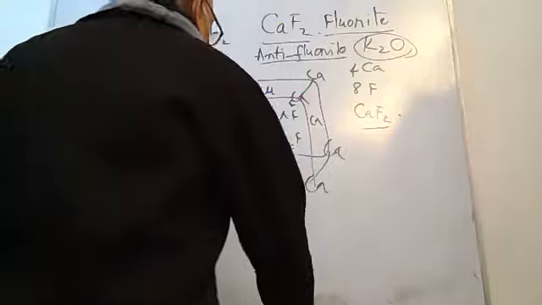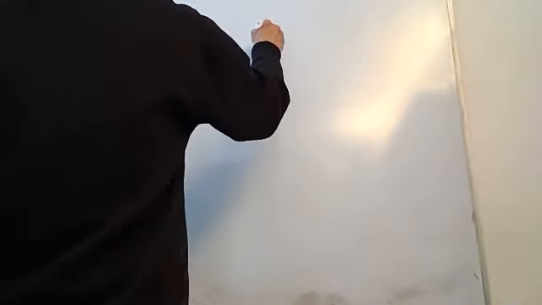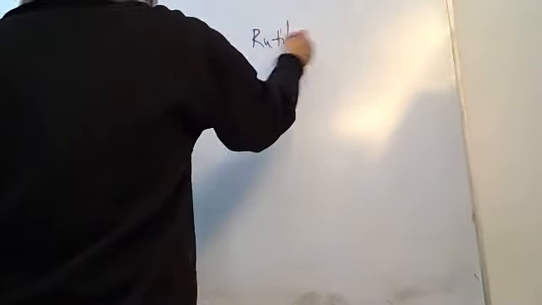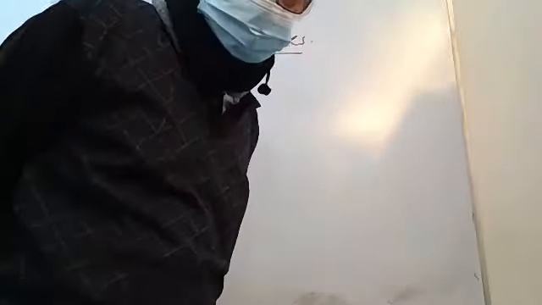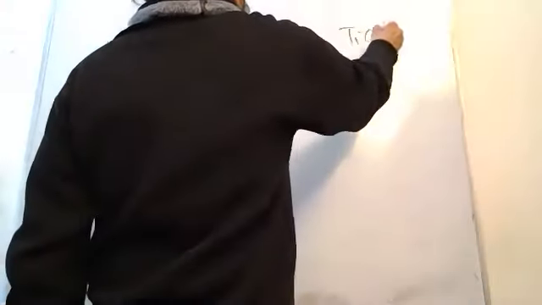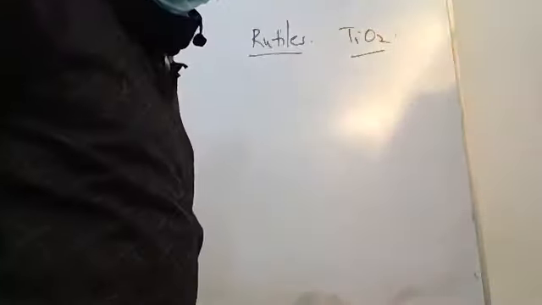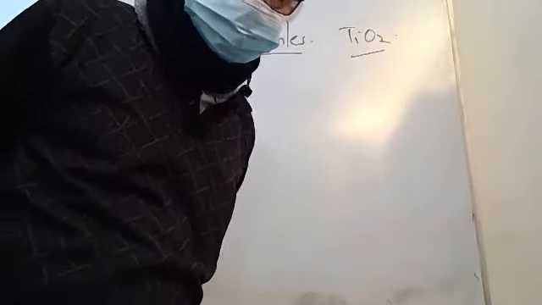Another different type of crystal structures. Another very important class of compounds are called rutiles. Rutile is the name of a mineral whose composition is TiO2. TiO2 also has several polymorphs.